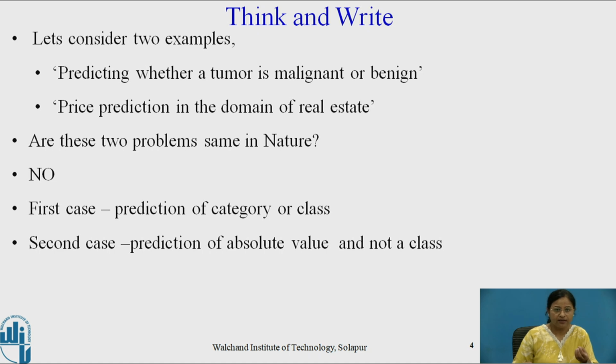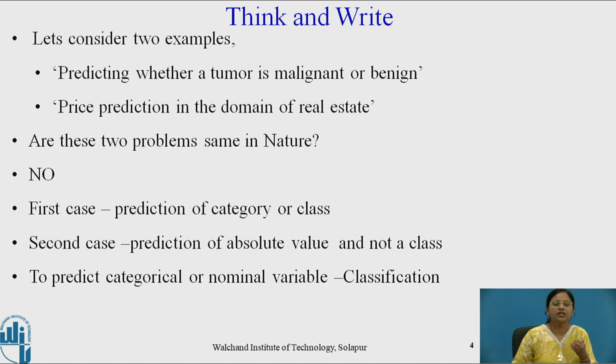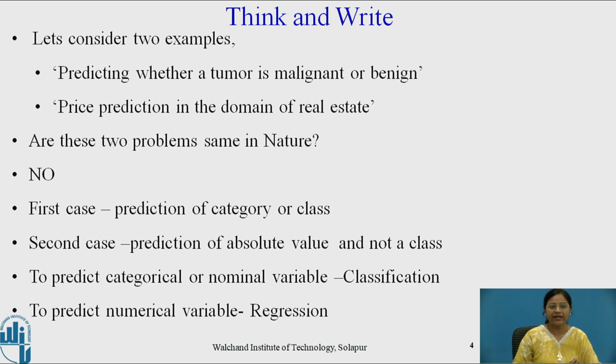So here it does not belong to any class, it belongs to some value. To predict a categorical or nominal variable, we have to use a classification method, while to predict a numerical or continuous variable or some absolute value, we need a regression algorithm. That's why these two are not the same problems in nature, though they come under prediction.